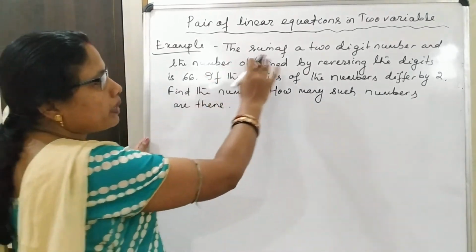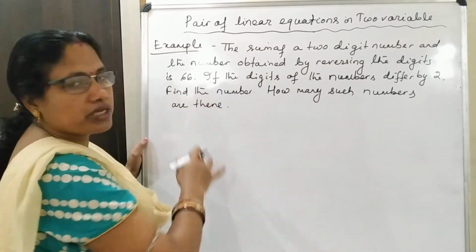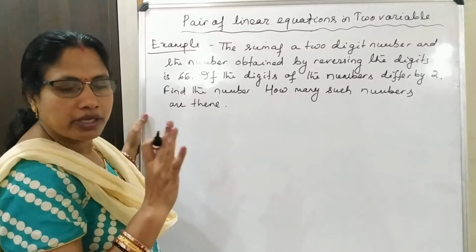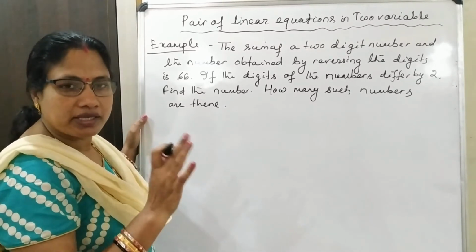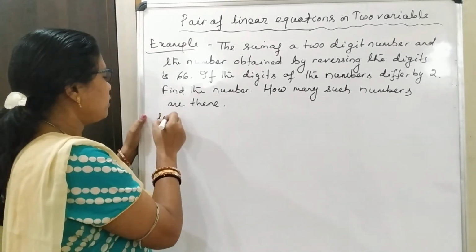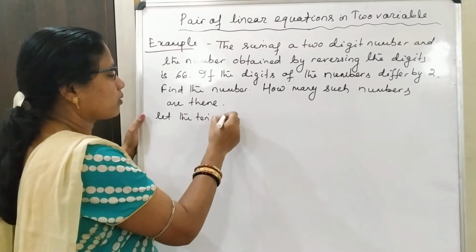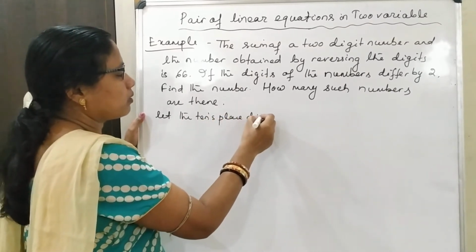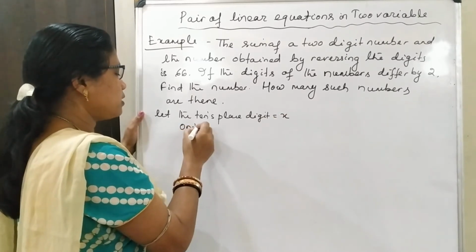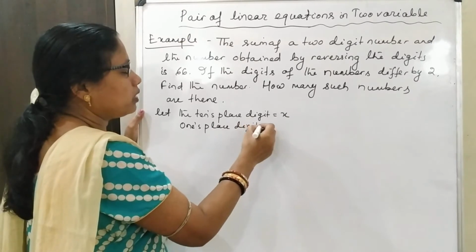The sum of a two-digit number and the number obtained by reversing the digits is 66. So in a two-digit number there are two digits. One is tens place digit and another one is ones place digit. So let the tens place digit be x and ones place digit be y.